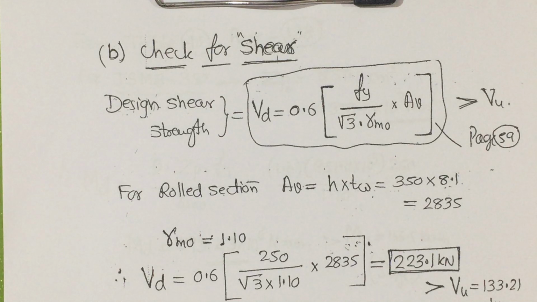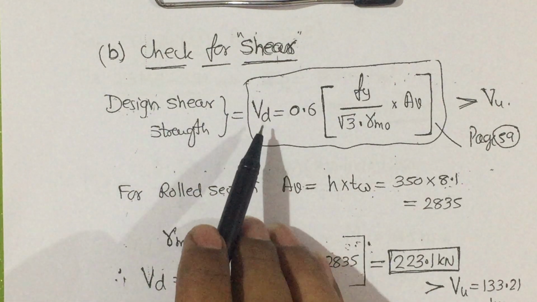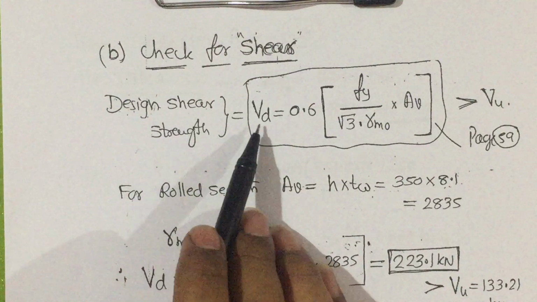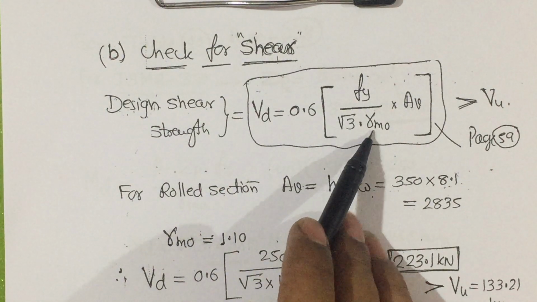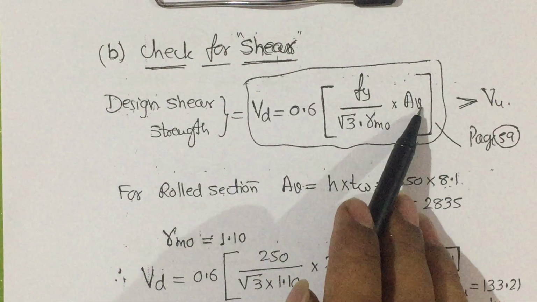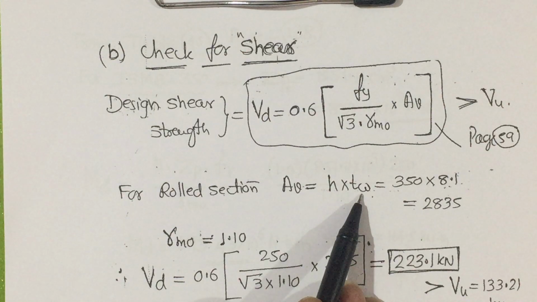Then once the load calculation is over, you need to go on checking for its strength. First, check for shear. We are going to calculate Vd, design shear strength, that is given by 0.6 into Fy divided by root 3 into gamma m naught into Av, where Av is the shear area, that is given by H into Tw.